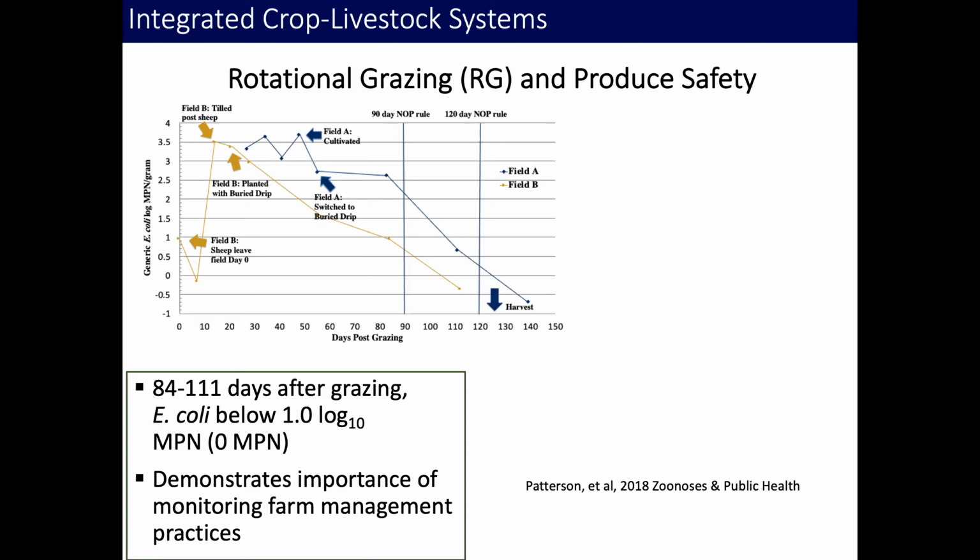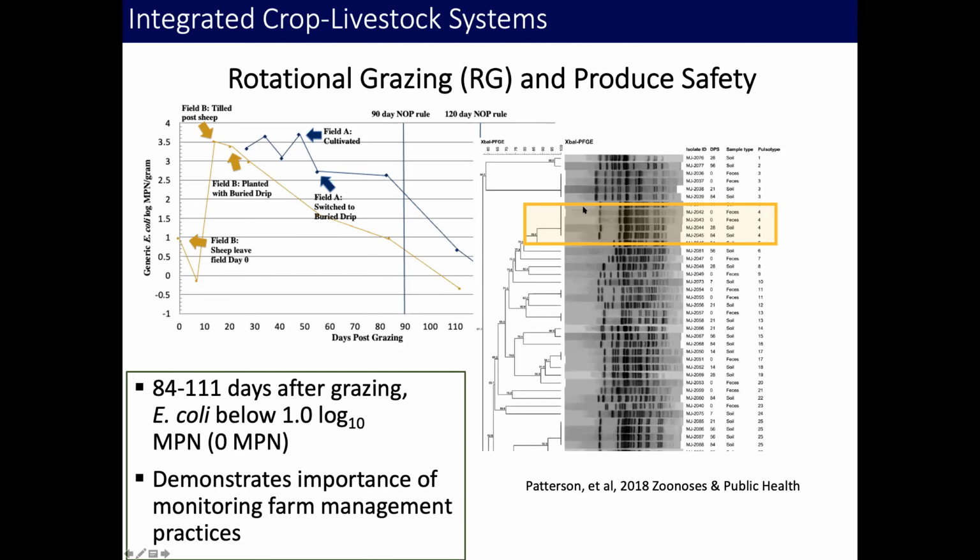Another question is whether this generic E. coli is from the sheep. We know it is an indicator of fecal contamination. Generic E. coli normally exists inside the gastrointestinal tract of animals, livestock, and is related to fecal samples.